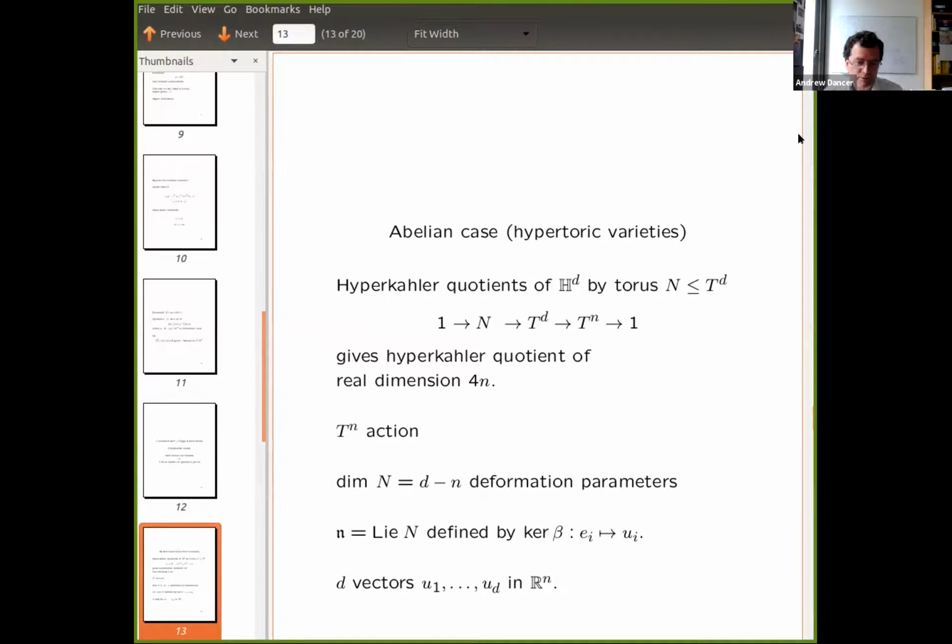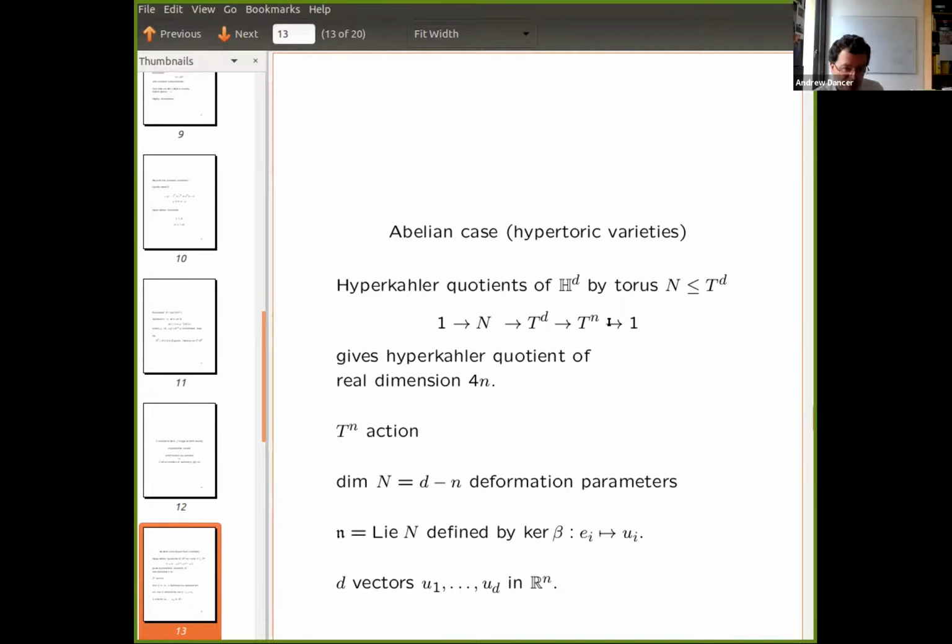So one case where we can illustrate this very nicely is the abelian case, so-called hypertoric varieties. These are the Hyperkahler analog of classical toric varieties. We take flat space H^d, d-dimensional quaternionic space, and we Hyperkahler reduce now by an abelian group, a torus T^(d-n).